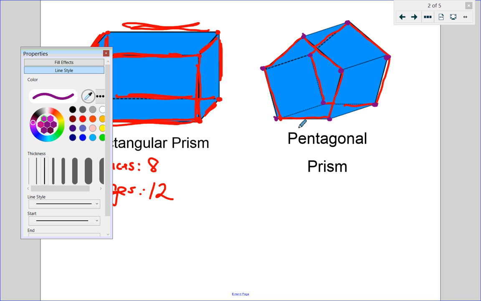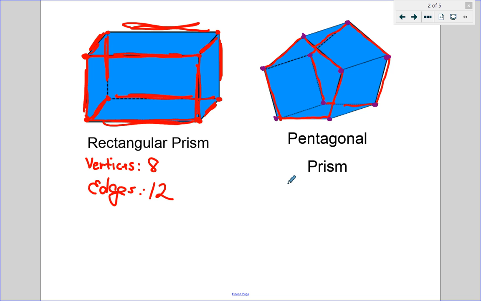Do we get them all? Let's see. Nope, we missed a few, right? What did I miss? 1, 2, 3. Oh no, we got them all. Okay. So vertices wise, on this one, we have 10.